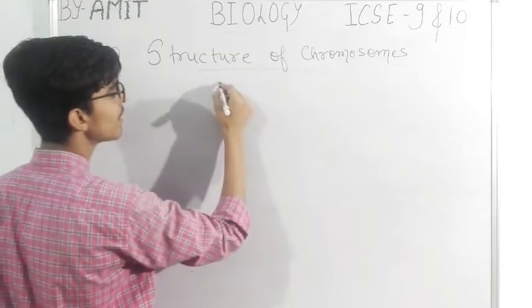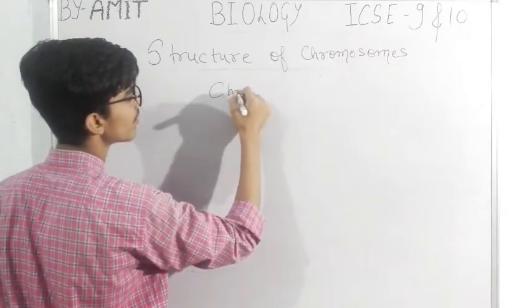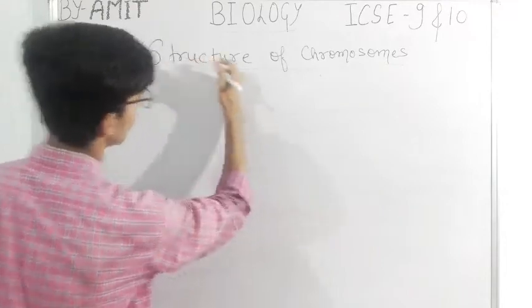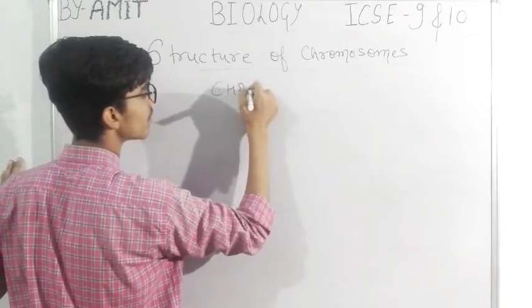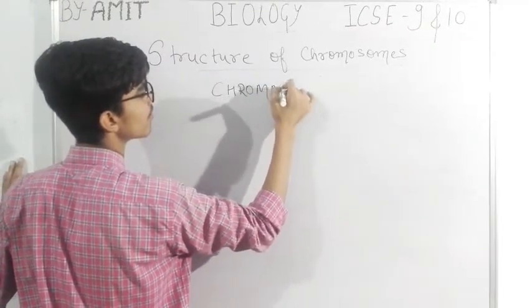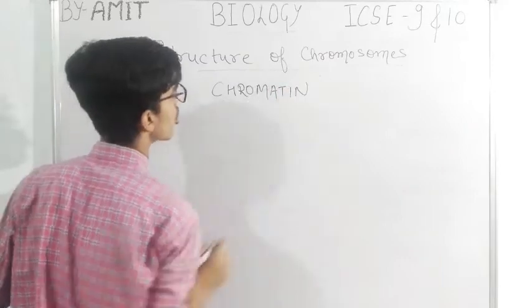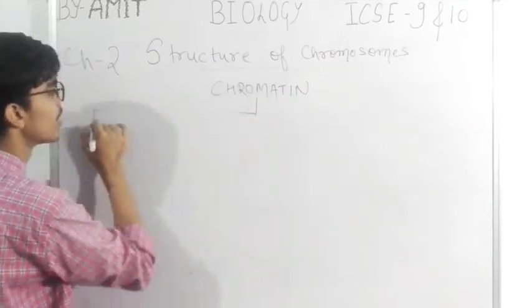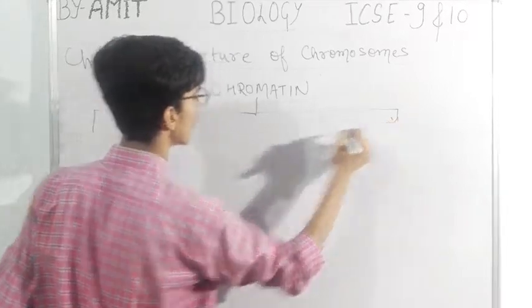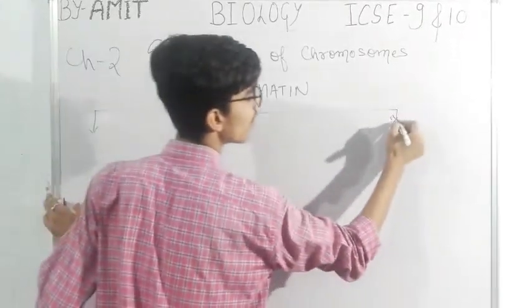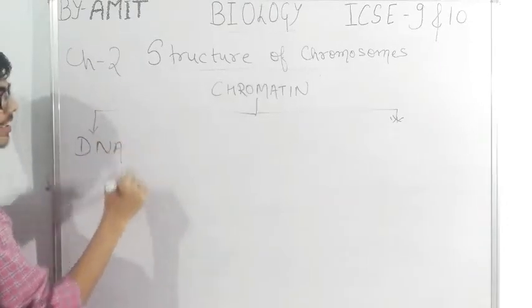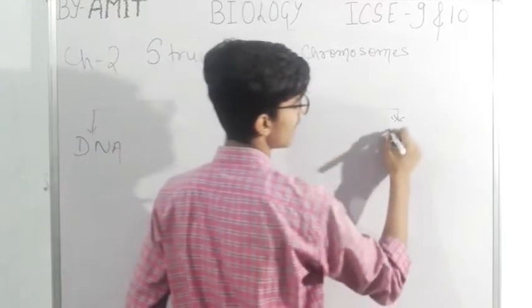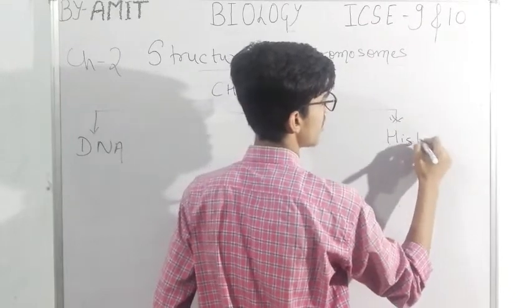Now chromatin has two parts. First is DNA and second is histones.